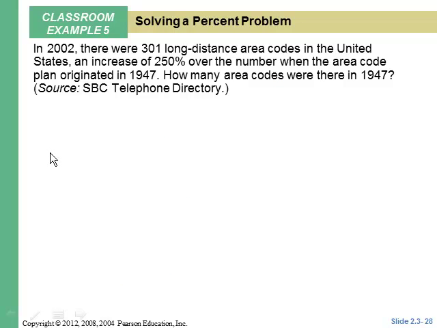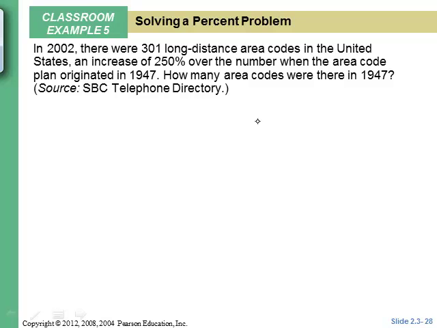Percent problems. In 2002, there were 301 long-distance area codes in the United States, an increase of 250% over the number when the area code was originated in 1947. How many codes were there in 1947? So we've got our percent, 250% over the number that there were.